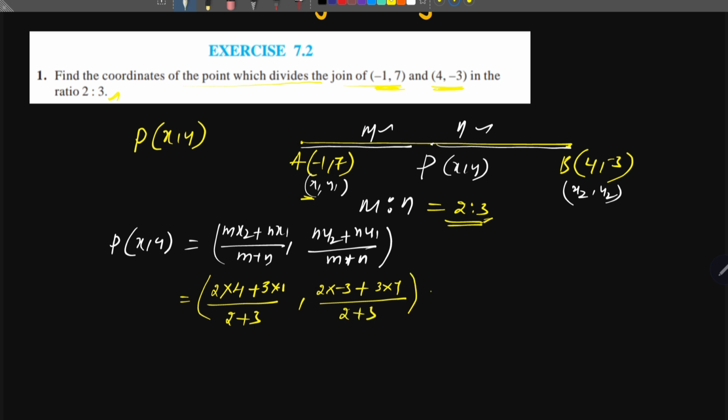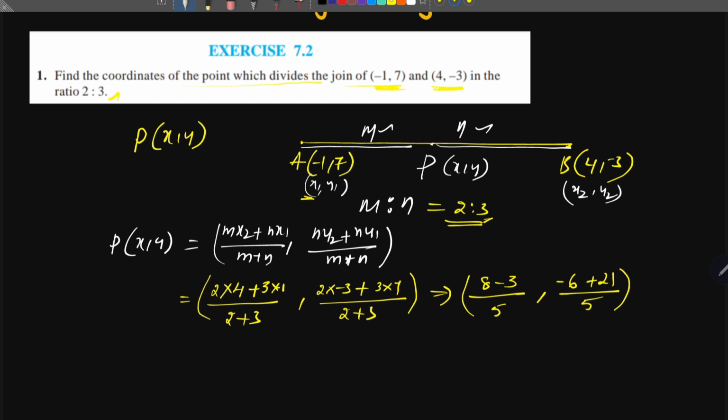Okay, so this can be further simplified. 2 fours are 8, plus 3 into -1, that is -3, divided by 2 + 3 which is 5, comma, 2 times -3 is -6, plus 21, divided by 5.